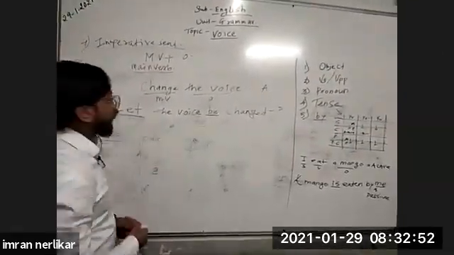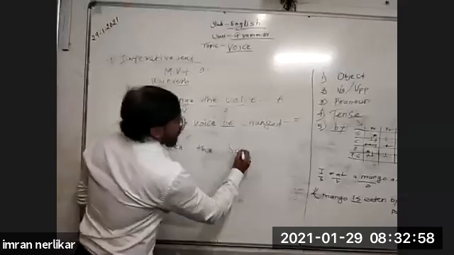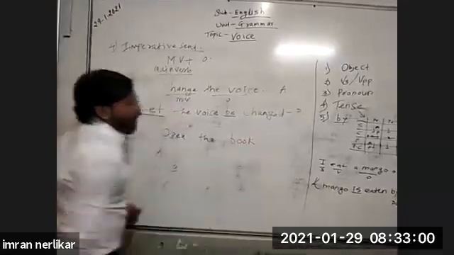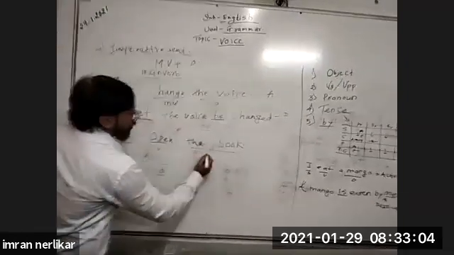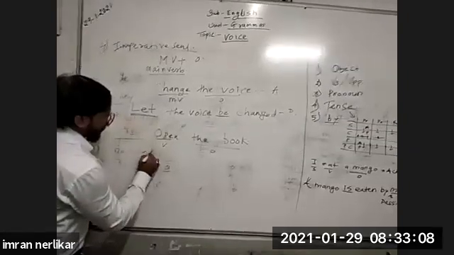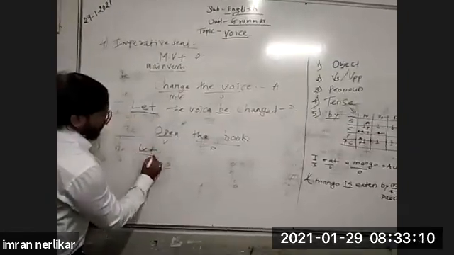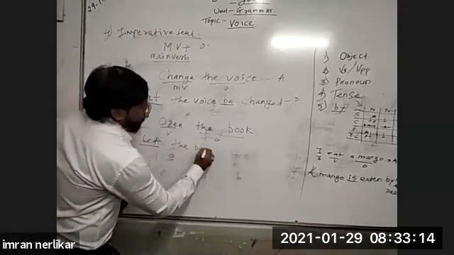One more example we'll take. For example, see, open the book. Open is the verb, the book is the object. Here, same, you have to take let. Begin the sentence with let the book.